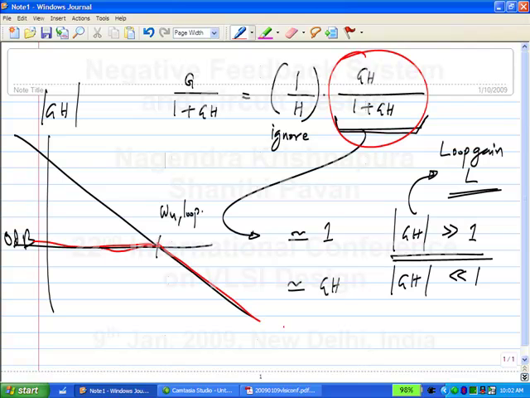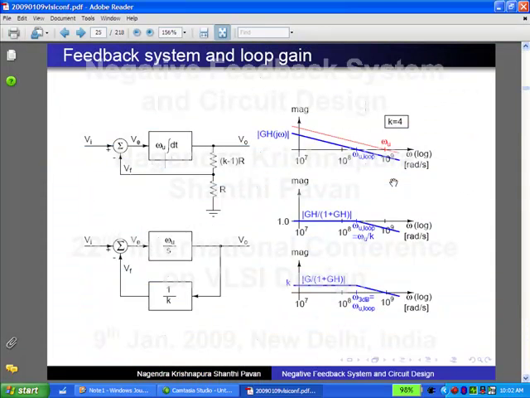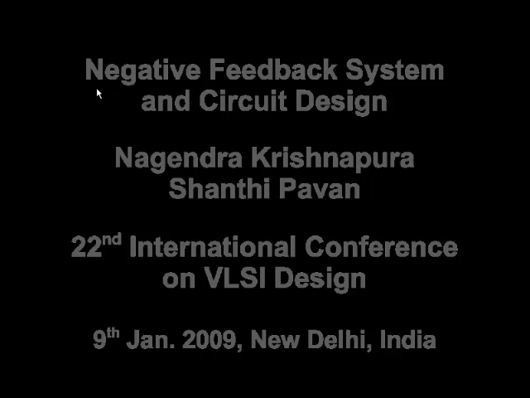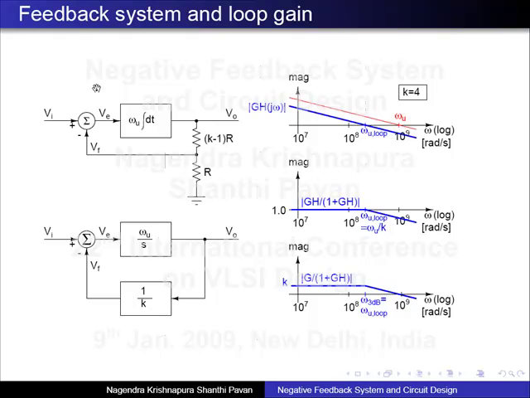That's the curve I have plotted there. Now the closed loop gain is not GH by 1 plus GH, but it is 1 over H times that one. So it simply gets lifted up. In this case, H is just 1 by 4. So the same curve gets lifted up by a factor of 4 on a log scale. So we get this to be the transfer function.